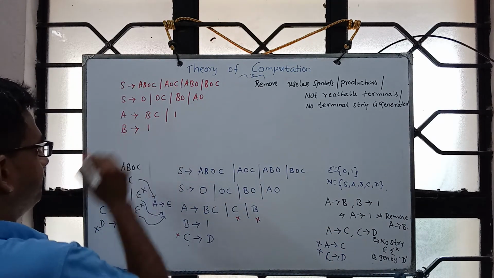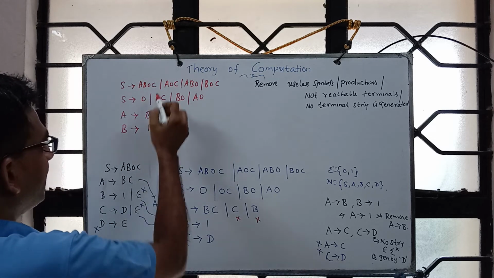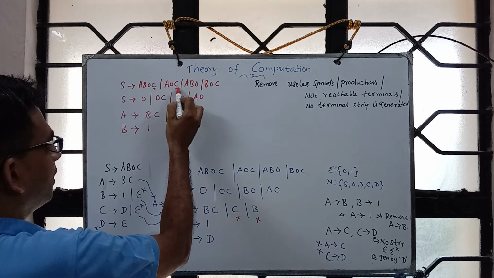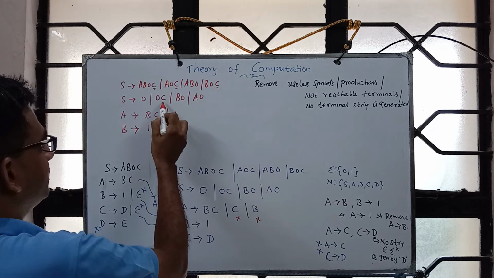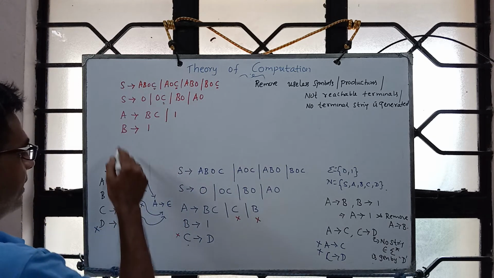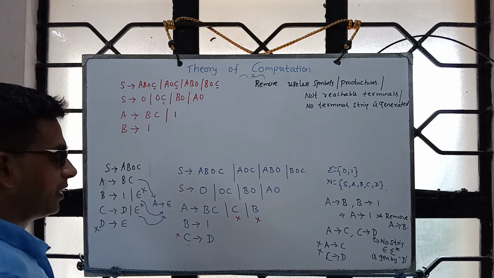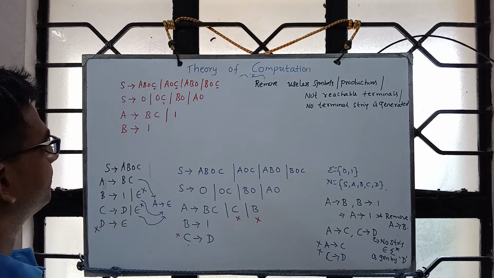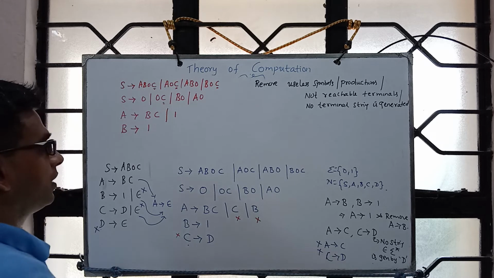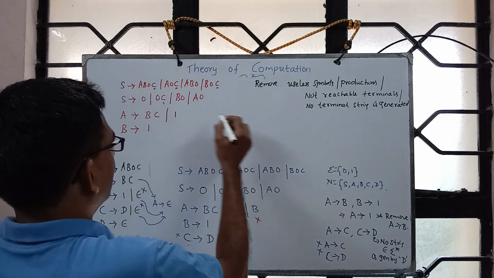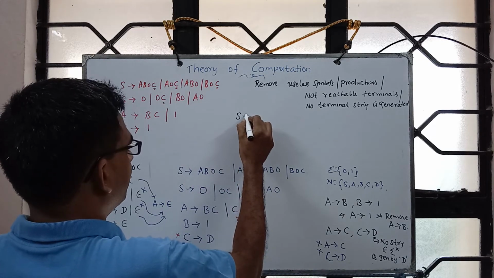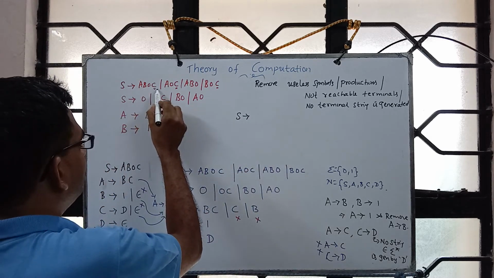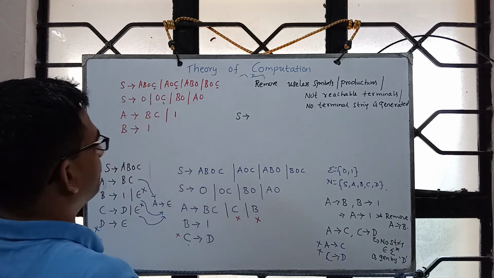Okay, let's look at this. We see a non-terminal C, but we do not have any production starting from C, correct? Which means S implies AB0C is a useless production.